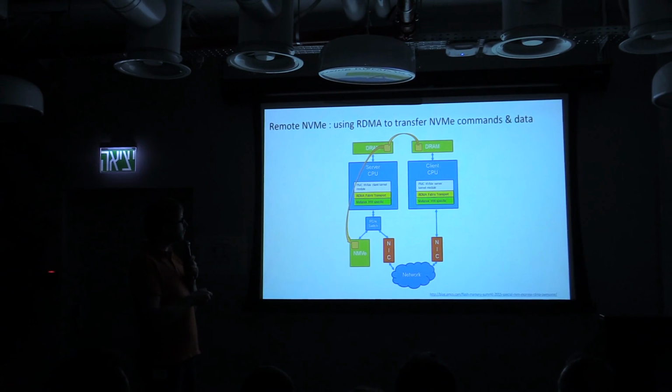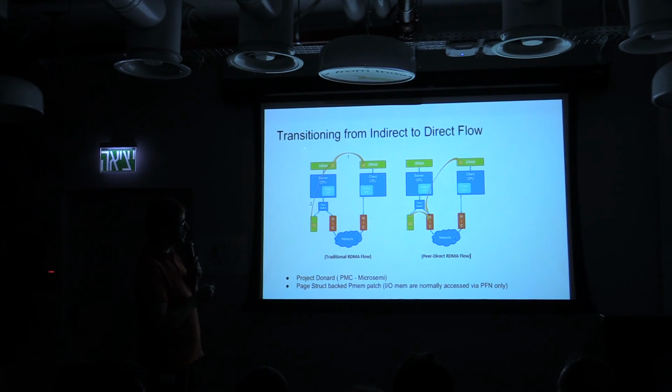However, what we want to do is transition, same thing, from indirect to direct flow. We want to bypass the whole RAM part, and go straight to the NVM part, the persistent memory part here. There are some interesting projects that allow you to do that.